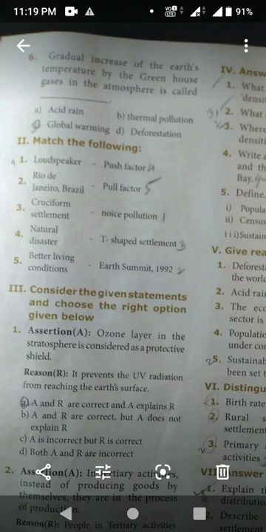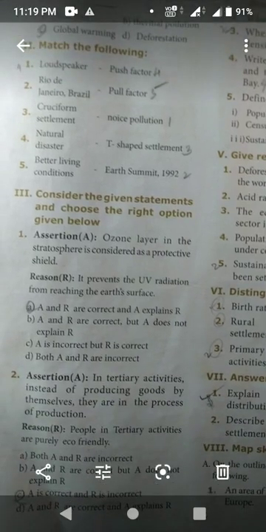Next, Roman number 3, consider the given statement and choose the right option given below. Assertion and reason they have given. Assertion: ozone layer in the stratosphere is considered as a protective shield. Reason: it prevents the UV radiations from reaching the Earth's surface.